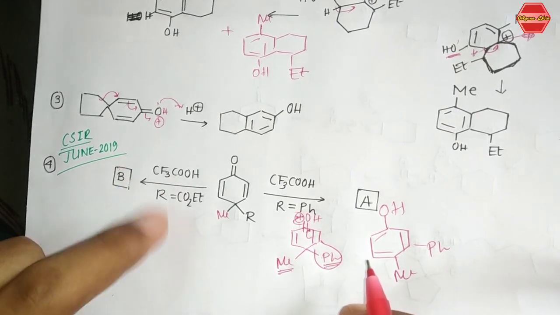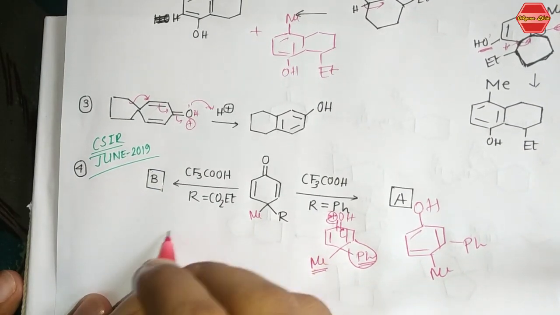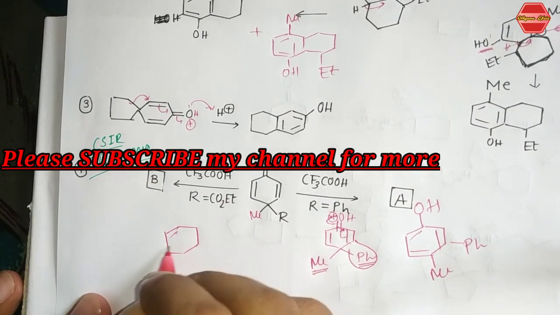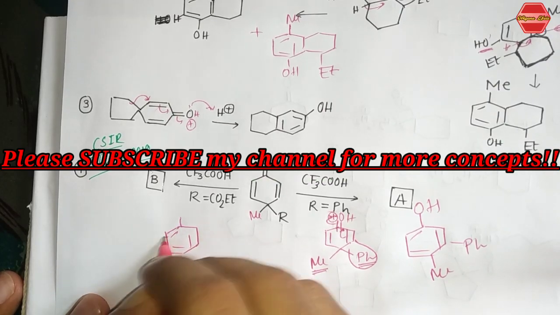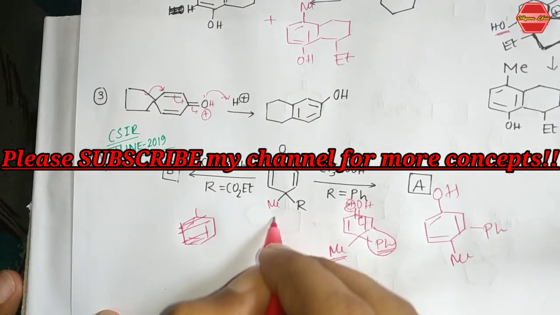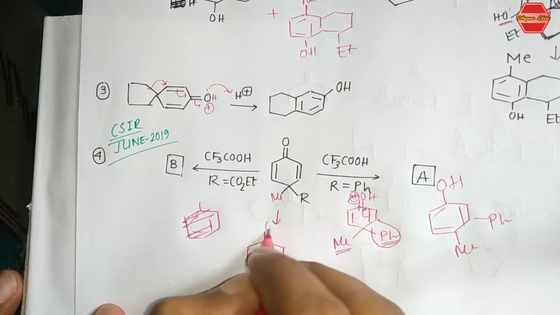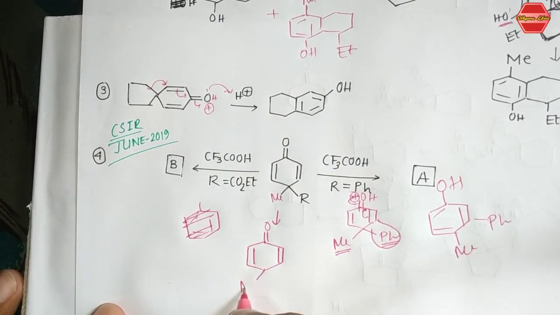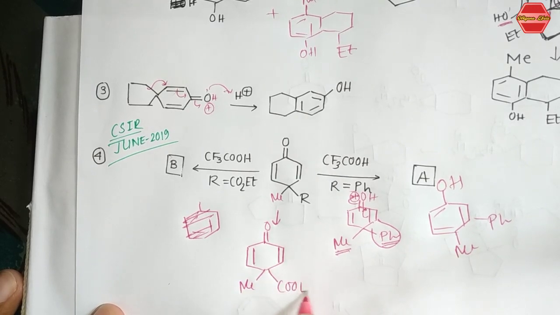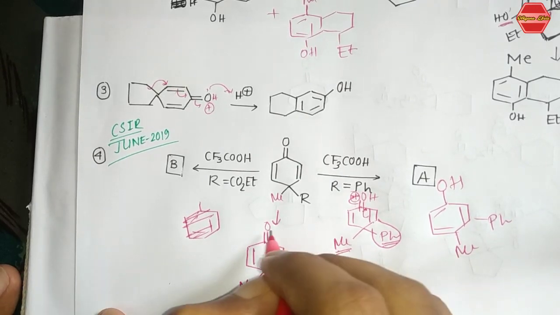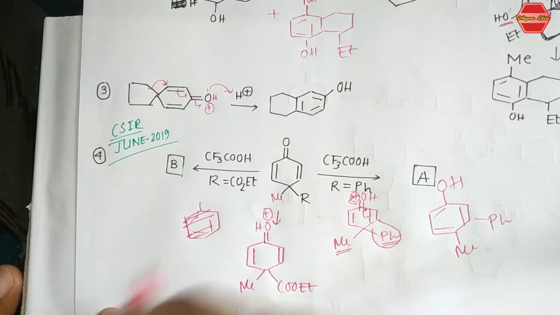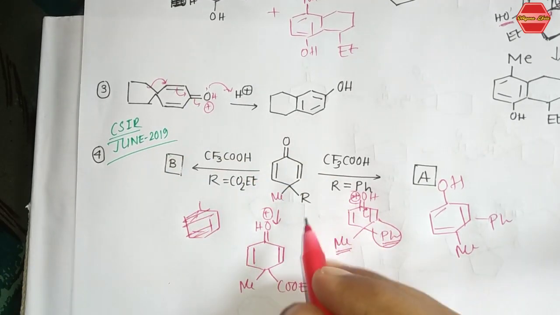But in this case, if we substitute the R group by CO2Et, here is your methyl and here is your COOEt. Now we all know that there is a positive charge like this after the protonation.